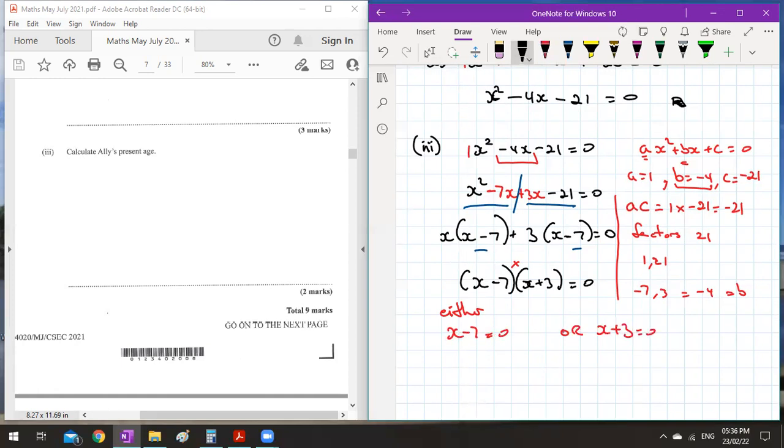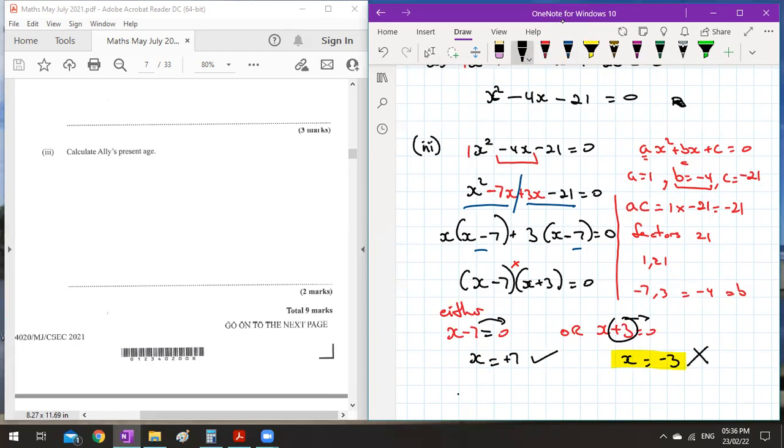Now we're going to solve for x, so carry the 7 across. It becomes positive 7. And in this case, you carry the 3 across, it becomes negative 3. Now, she cannot have a negative age, so this cannot work.